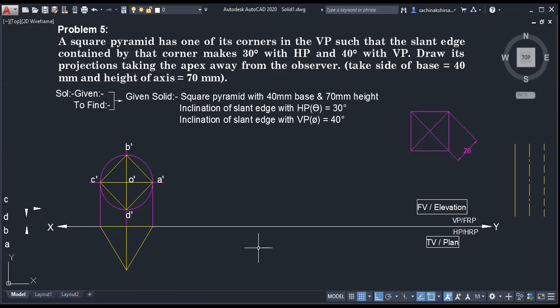Actually here, once you draw the center line, that center line will be overlapped by the dark line. That's why directly I have drawn the dark line in the middle. So you can see it.